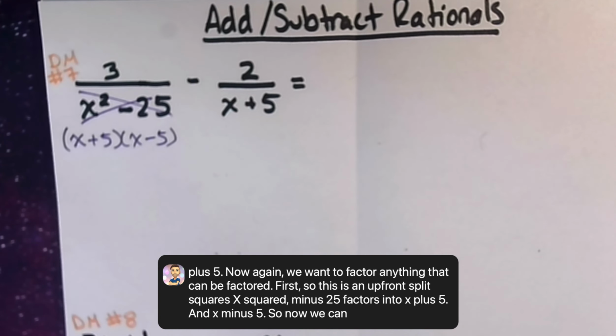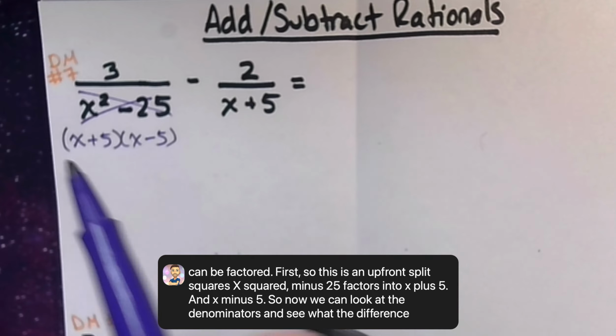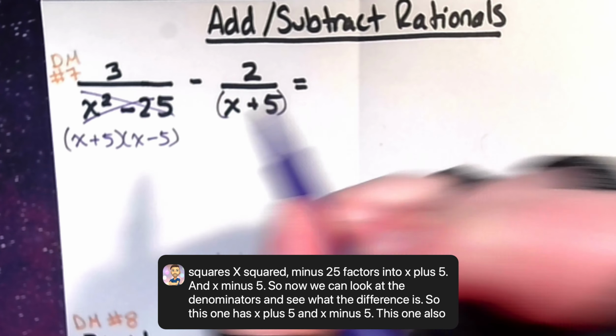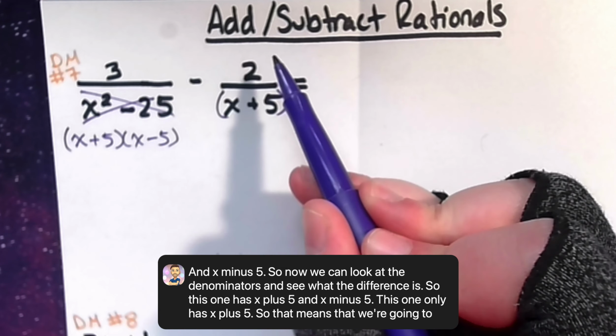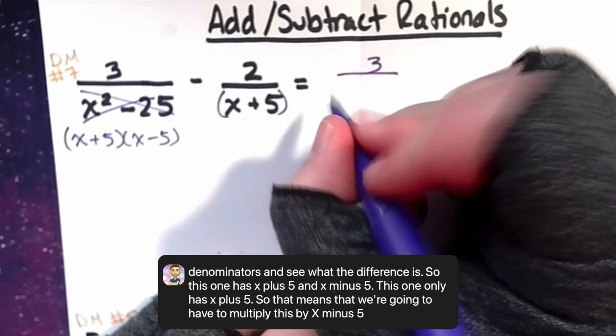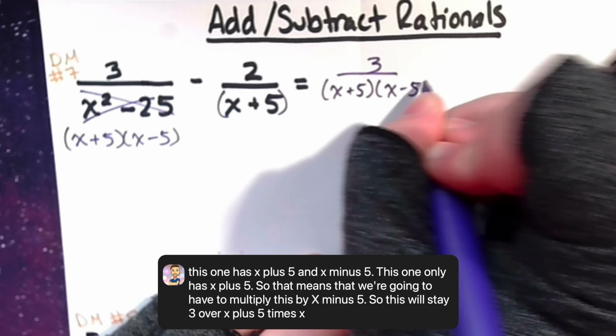So now we can look at the denominators and see what the difference is. This one has x plus 5 and x minus 5. This one only has x plus 5. So that means that we're going to have to multiply this by x minus 5. So this will stay 3 over x plus 5 times x minus 5.